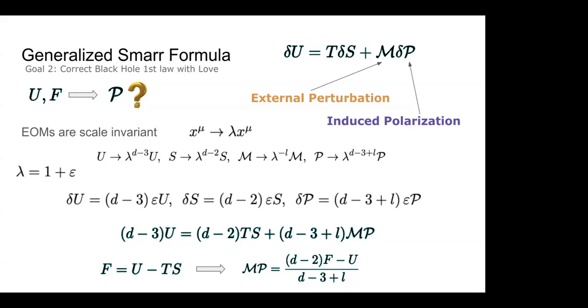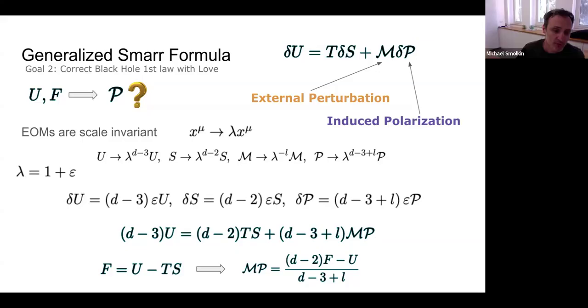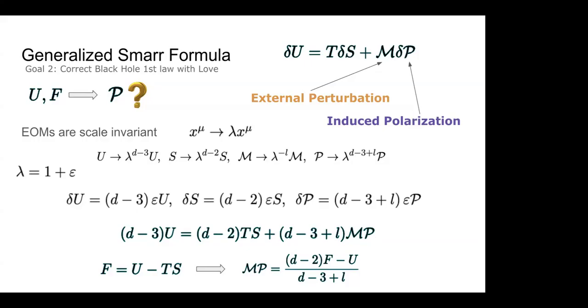Yes, I agree. So what Dina has here, U, S, M, and P, is just based on dimensional analysis. This is how the mass of the black hole, the entropy or area of the black hole, and the polarization change under this scaling. Okay. Yes, I understand that.